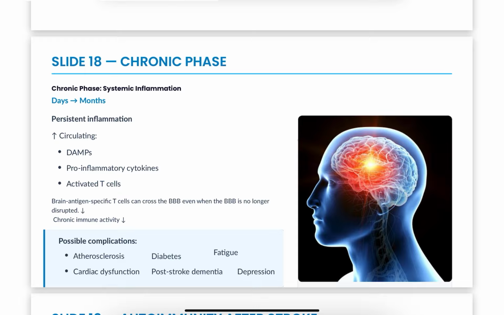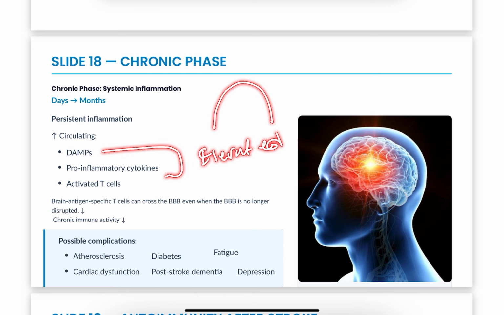So the DAMPs and the inflammatory cytokines, okay, they don't elevate and decrease, no, they remain elevated. These DAMPs and the inflammatory cytokines.